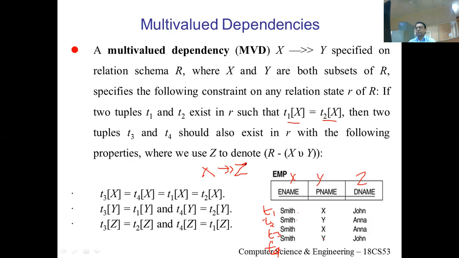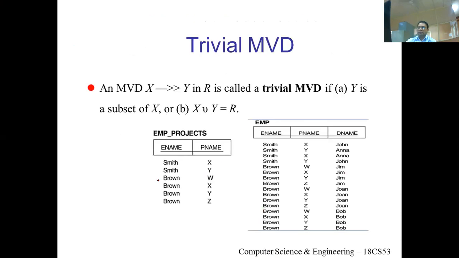So this is multi-valued dependency: an attribute multi-determines another attribute. Now the trivial multi-valued dependency. I'm going to state the definition right now.